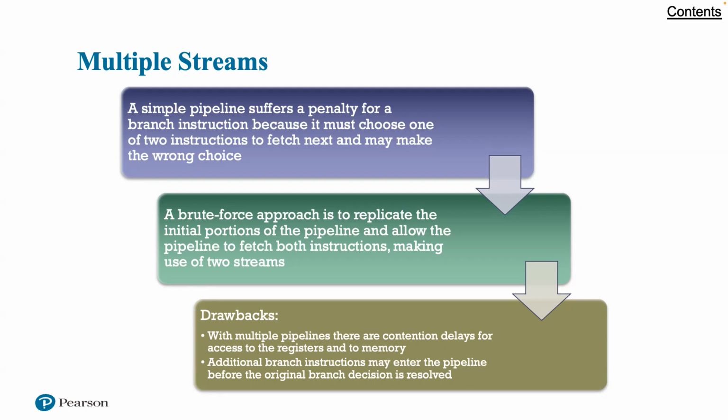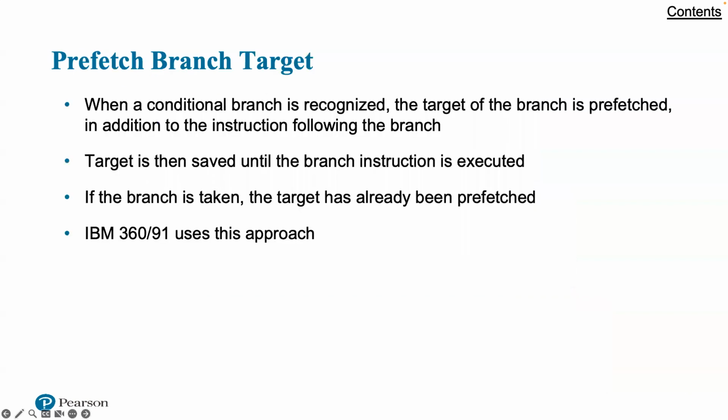Each such instruction needs an additional stream. Despite these drawbacks, the strategy can improve performance. Examples of machines with two or more pipeline streams are the IBM 370 and the IBM 3033. So those are a couple of examples where it has been implemented.